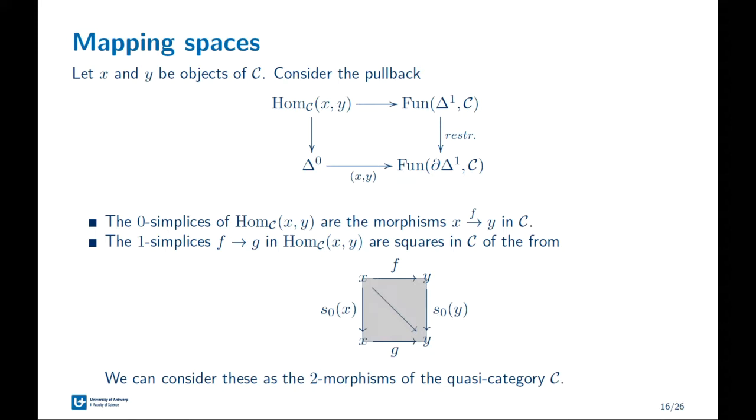So if you will, these one simplices of my mapping space, I could call the two morphisms of my quasi-category. It's one way of formalizing them, right? Because my mapping space has all the morphisms as objects, and the one morphisms of my mapping space are then the two morphisms of my original quasi-category.